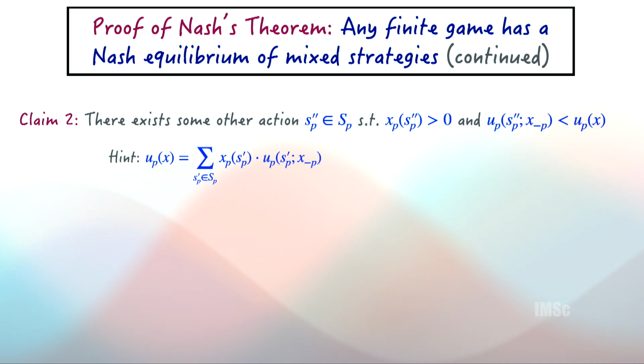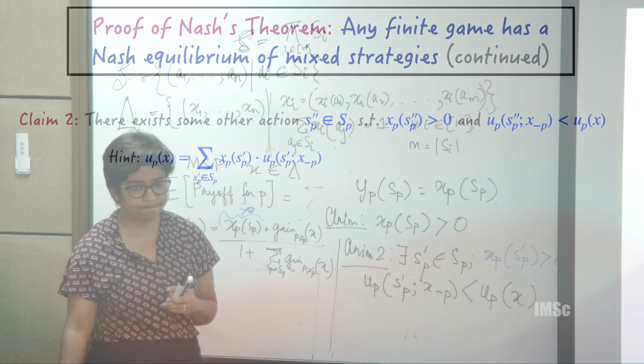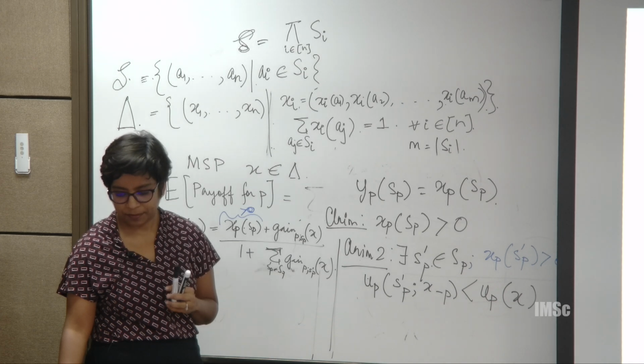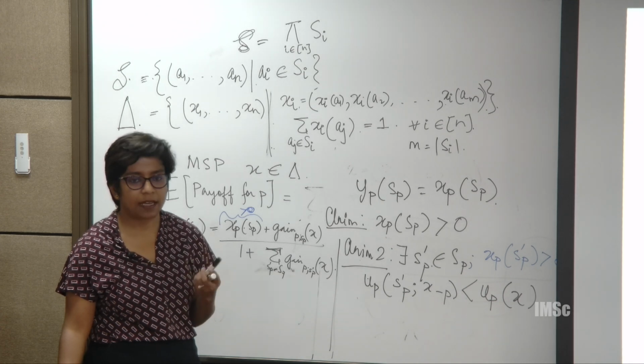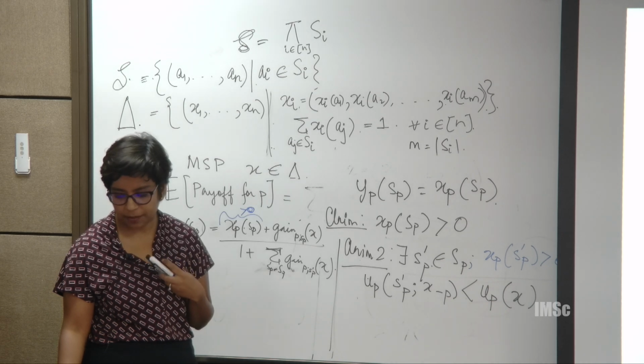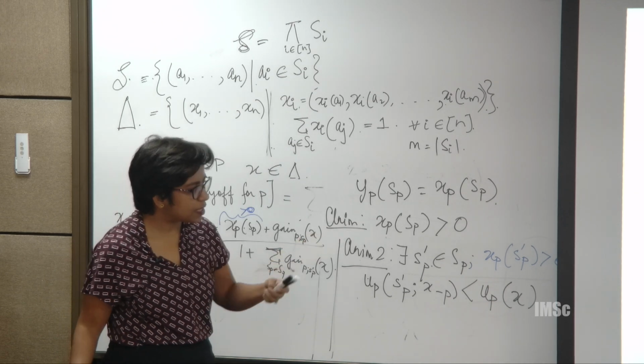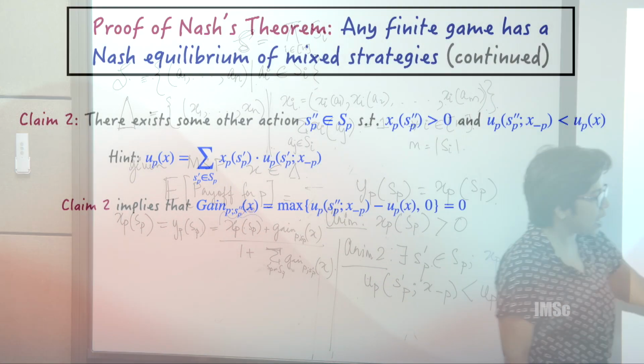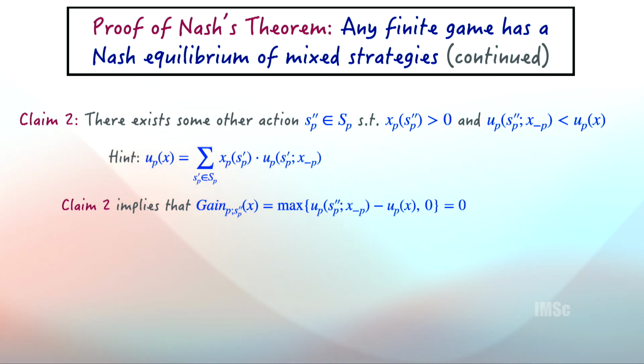So now what do we do? Now, what is next? Suppose we have this. Can we say something about the gain? Again, we have to go back to gain. Gain has to be shown to be 0, right? So what is that gain? Well, use this thing. I will define this to be this, right?